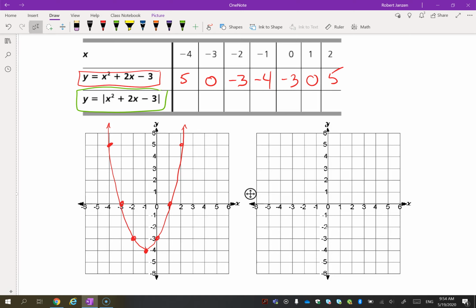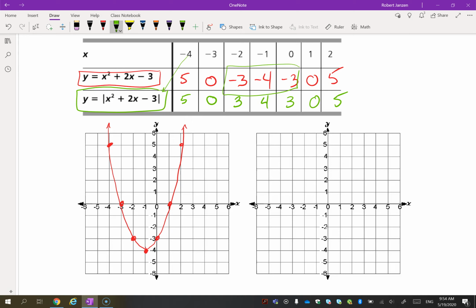If we put negative 4 into this, well, it's going to get a 5, and then the absolute value of 5 is still going to be 5. If we put negative 3 in there, you're going to get 0. The absolute value of 0 is still 0. But these three values, when you put them into the absolute value, you end up with 3, 4, 3, and then positive again. Okay?